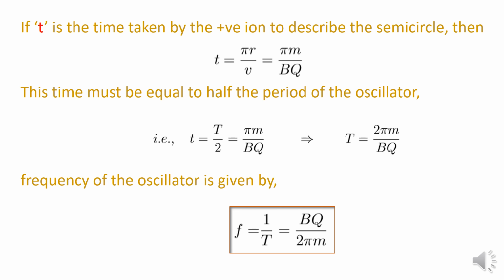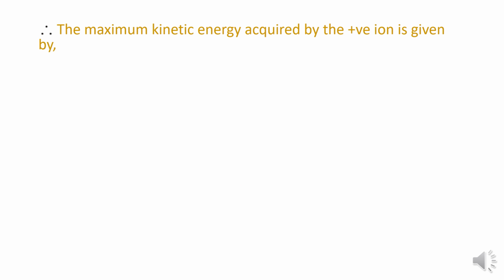Now let us obtain an expression for the maximum kinetic energy. The kinetic energy of a particle is half mv square, and the kinetic energy becomes maximum when the particle velocity takes its maximum value. You know the expression for the velocity, and that the velocity of the particle is directly proportional to the radius.